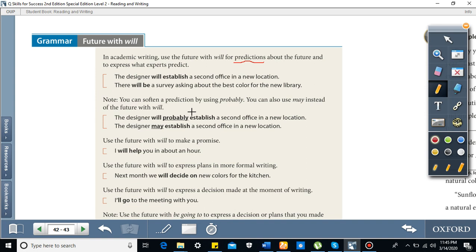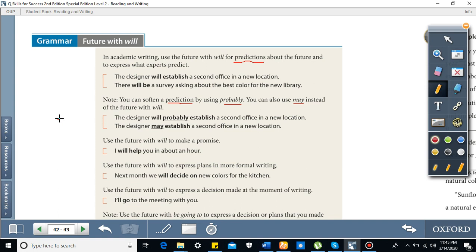You can also use probably with predictions, and you can also use may with it to make it softer.